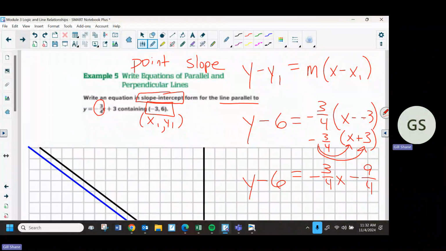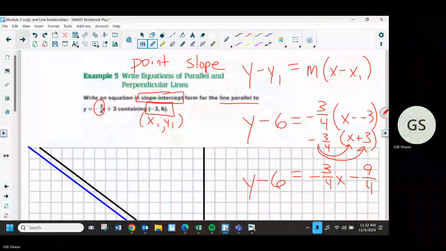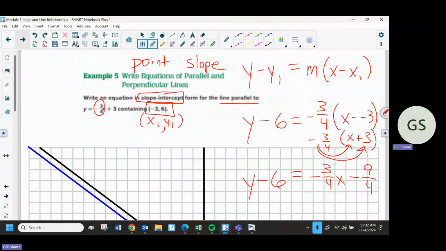That's what slope-intercept form is. So how do I get y all by itself? Just get rid of 6. Y all by itself means I need to get rid of that negative 6, so I add 6.